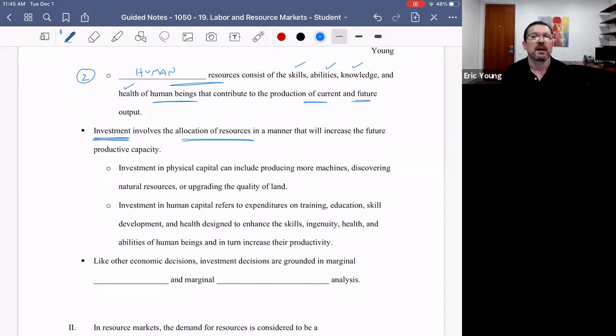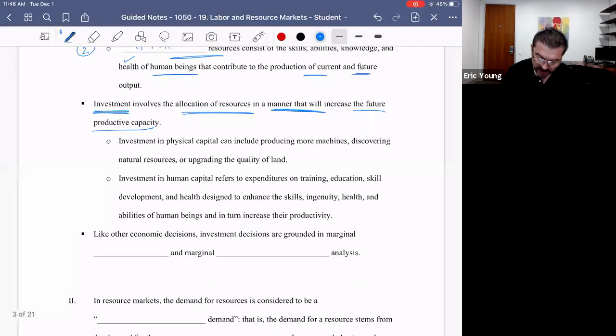Investment involves decisions, typically by firms, sometimes by government, typically by firms, to allocate particular resources in particular ways so that we can increase future productive capacity, okay? Investments, therefore, are effectively forms of spending that are designed to increase the economy's overall productive capacity, the amount of stuff that we can produce and consume.